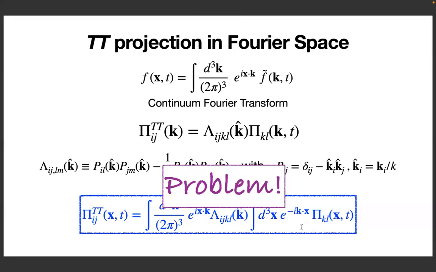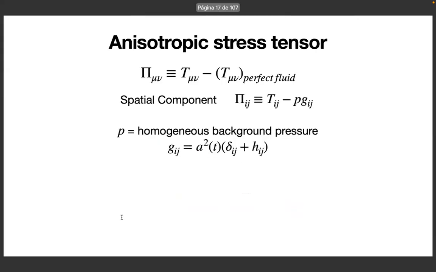We are doing two non-local operations. We are getting the Fourier transform first, projecting, and then Fourier transforming back to real space. This is very costly, and this will be a problem when we want to follow the dynamics and actually solve the equation of motion of the gravitational waves. But let's talk a little bit about what the source is, which I told you is the anisotropic stress tensor.